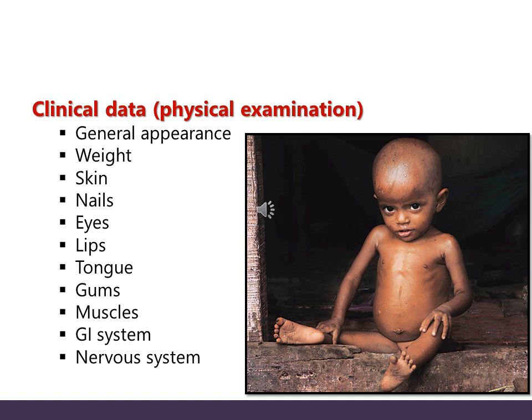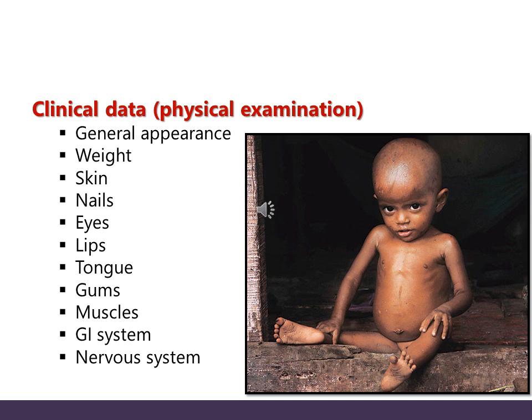Aside from the biochemical data, you can also perform clinical data or physical examination in order to determine the nutritional status of your patient. Physical examination is simply examining or assessing the different parts of the body system of the patient. For example, general appearance. You need to describe the general appearance of the patient. Is the patient thin? Obese? Overweight?